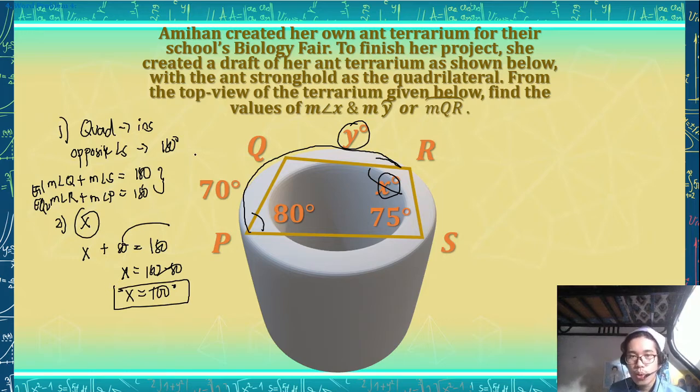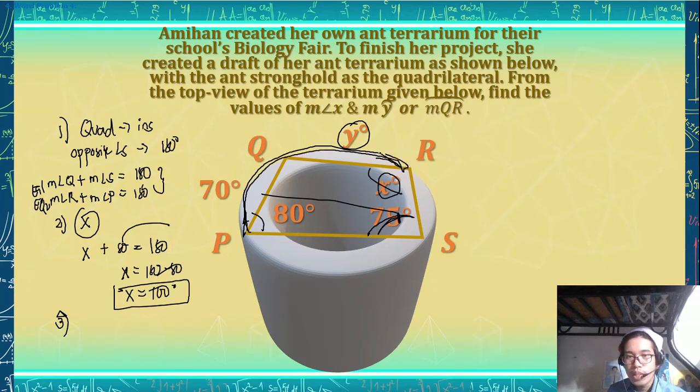How can we solve for the measurement of angle y? That's the second problem. We also have a theorem about inscribed angles. An inscribed angle, here 75 degrees, is one half of its intercepted arc.